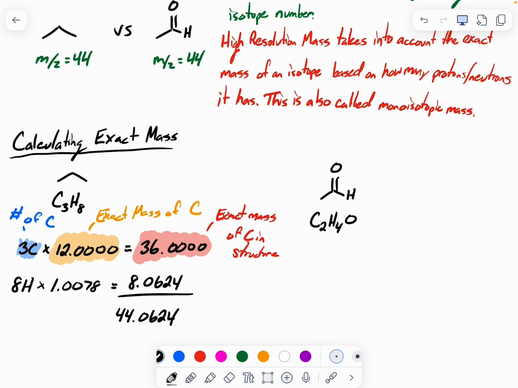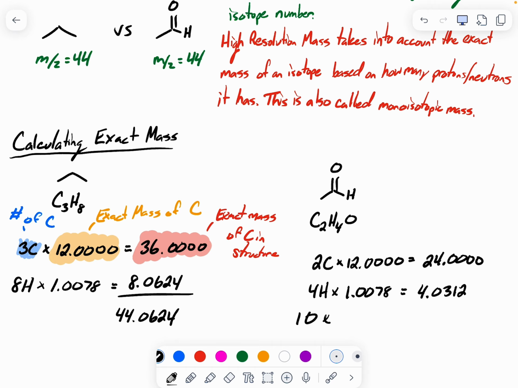So how does that compare to something like acetaldehyde? Well, acetaldehyde, we have 2 carbons. Multiply that by our 12.0000. We get, of course, 24 with a bunch of zeros afterwards. We have 4 hydrogens. Multiply those by 1.0078, and you end up with 4.0312. And then we also have that oxygen, which is 15.9949.